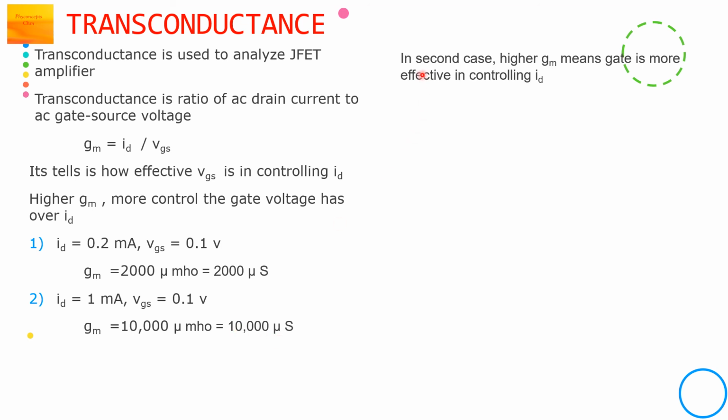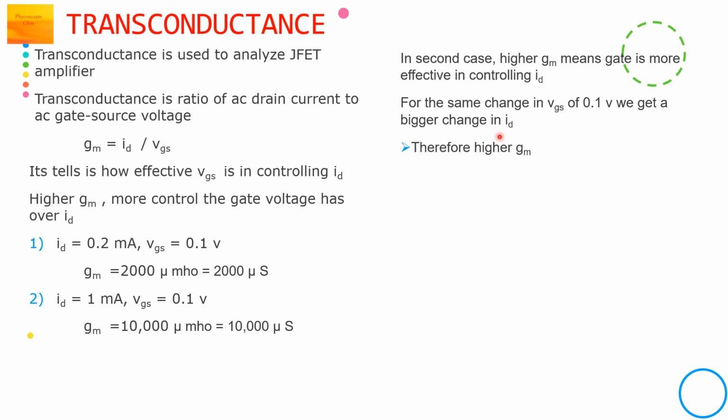Now if you see the second case, higher gm means the gate is more effective in controlling ID. So for the same change in VGS of 0.1 volt, we get a bigger change in the drain current ID. Therefore we get a higher gm.